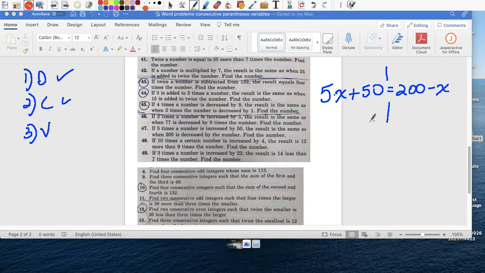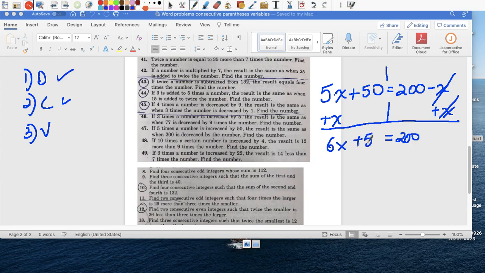So how do I get rid of the minus x? Well, I do the inverse operation. I add x, right? So if I add x here, I have to add x on this side. What happens when I add x? Well, minus x and plus x become 0. And the only thing that's left over on the right side is 200. This gives me 6x, 5x plus x equals 6x, and then plus 50.